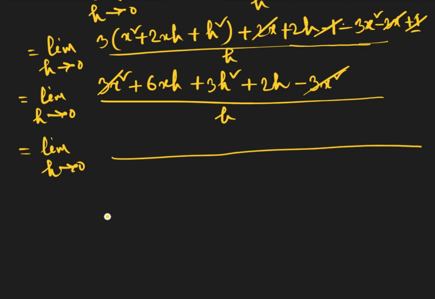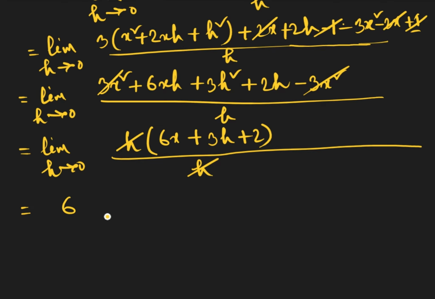Here our main target is to eliminate the h in the denominator. So the common term is h. So 6x plus 3h plus 2, and here will be h. So the h's cancel out each other. Now it's time to plug in 0 instead of h because the limit is h tends to 0.